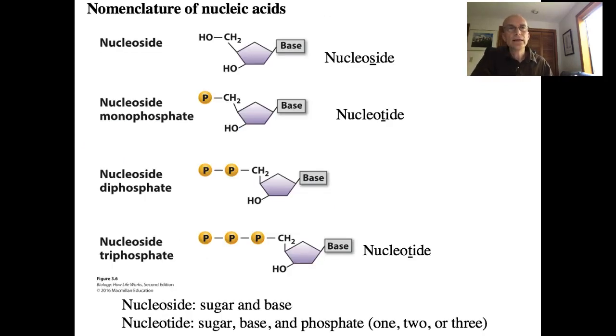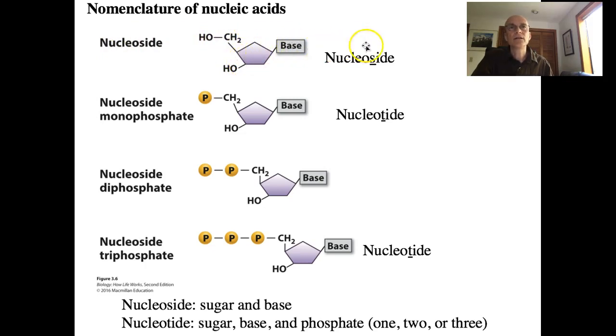So, a little recap here on the nomenclature of nucleic acids. There's something that's a little bit confusing, if you will, but it's really not that confusing. A nucleoside versus a nucleotide. A nucleoside is a base and a sugar molecule.